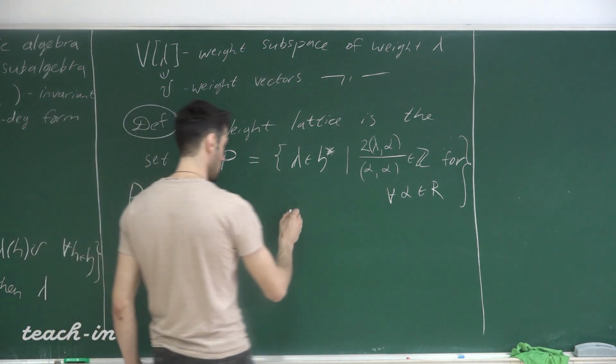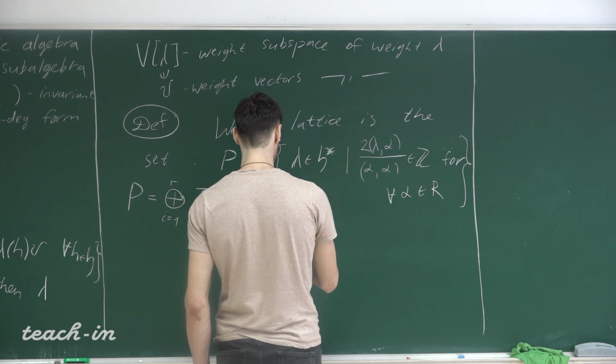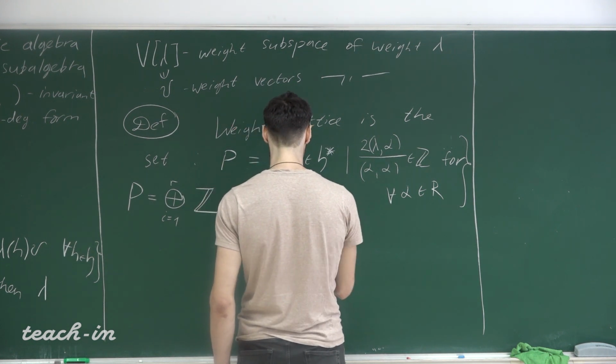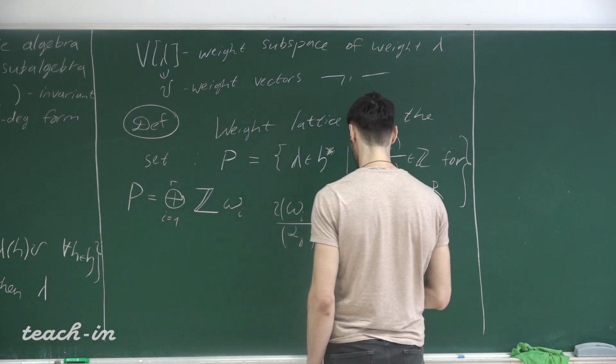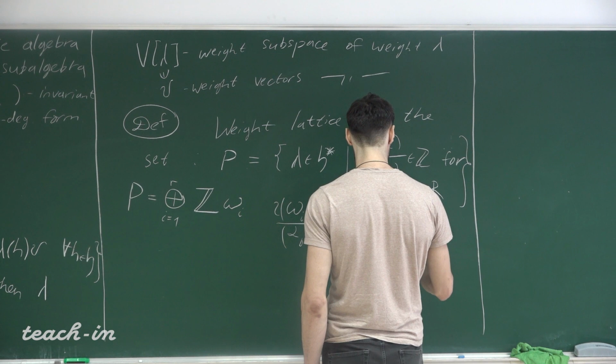And omega i is defined like this: 2 (omega i, alpha j) over (alpha j, alpha j) is delta ij.